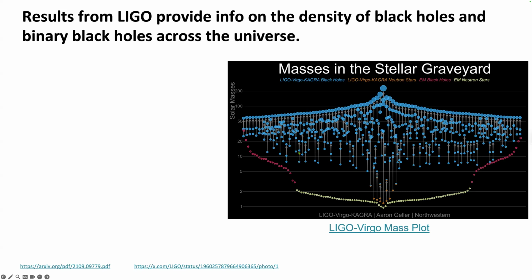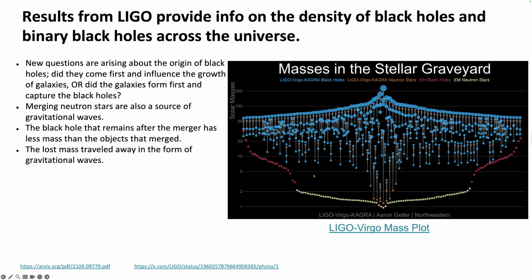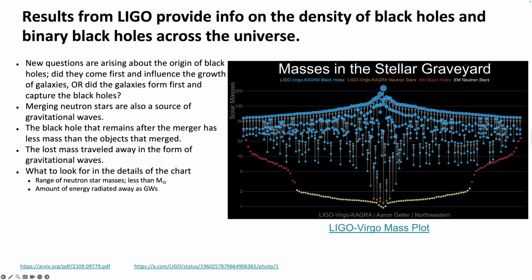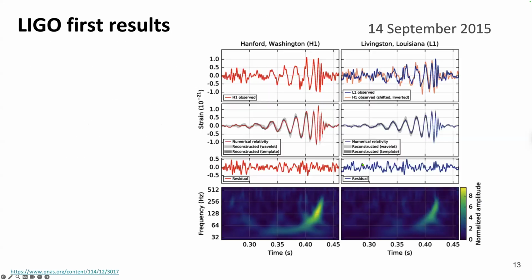So if you add 7 and 12, you get 20. But in all cases, some of the energy of the 2 original objects is radiated away as gravitational energy, bending of space-time that we ultimately detect. So this constantly gets updated.